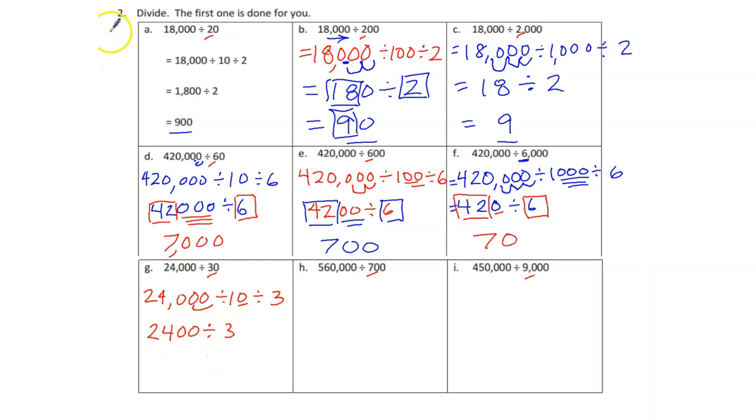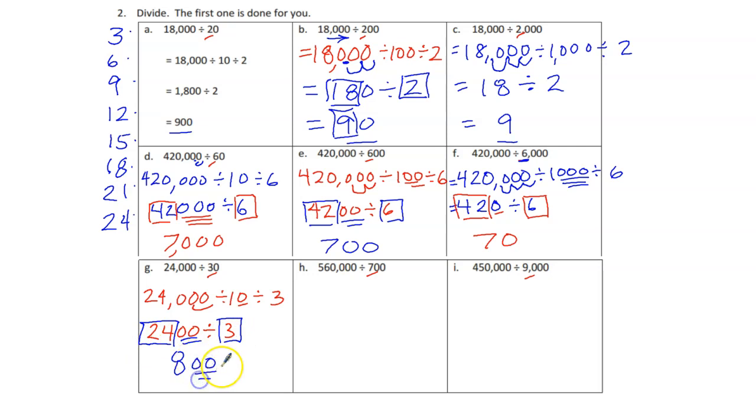Your 3 times table will say 3, 6, 9, 12, 15, 18, 21, 24. So that's 1, 2, 3, 4, 5, 6, 7, 8. So I know that 24 divided by 3 is equal to 8. So 2,400 divided by 3 is 800.